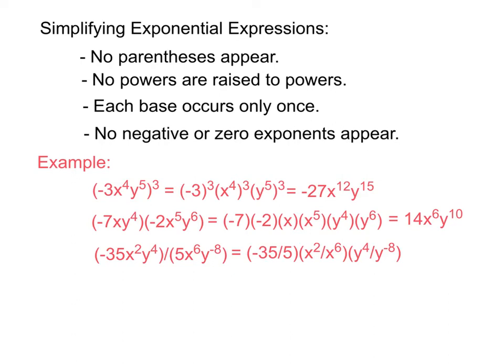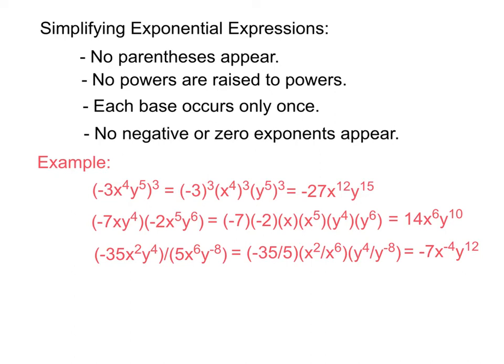We're going to have x squared over x to the sixth, and we're going to have y to the fourth over y to the minus 8. All right, now in terms of exponents, remember that the quotient rule says we subtract exponents. So now we have minus 7, x to the minus 4, because that's 2 minus 6, y to the 12th, which is 4 minus a minus 8.